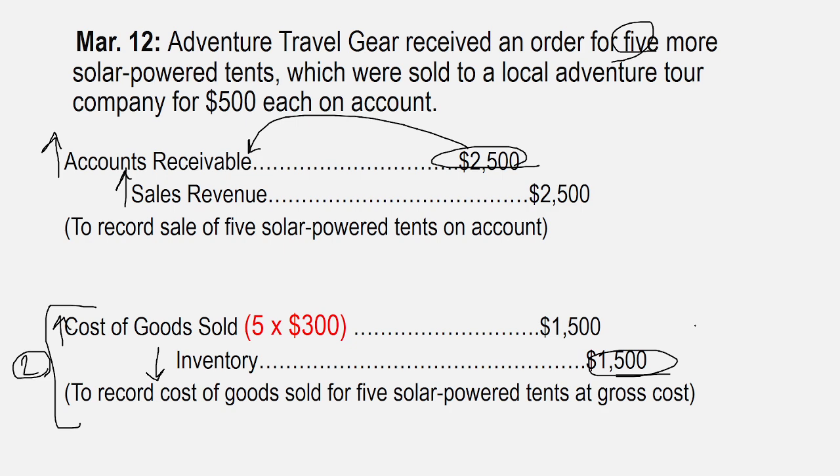By making these journal entries, Adventure Travel Gears accurately records the sale on account, recognizing both the revenue and the associated cost of goods sold. This process ensures proper tracking of accounts receivable and provides insights into the company's financial performance and inventory management.